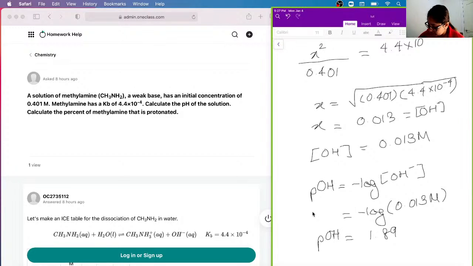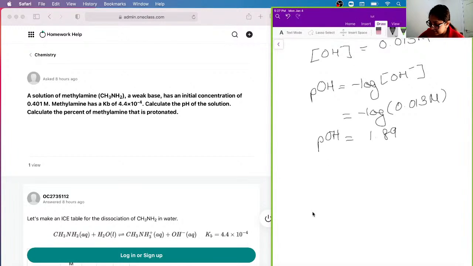Since this is pOH, we want to find pH. Since there's an equation, pH plus pOH is equal to 14. So pH is equal to 14 minus pOH.